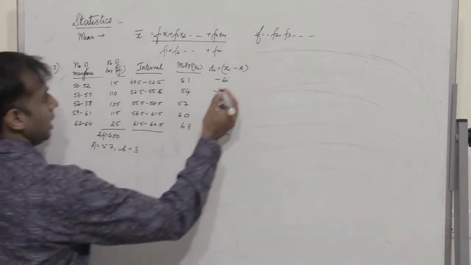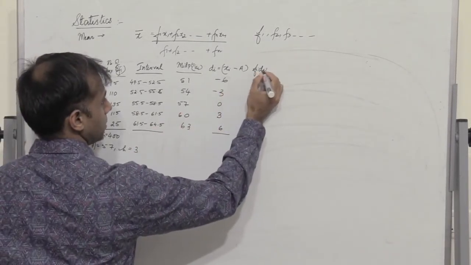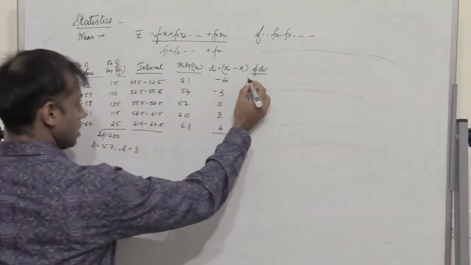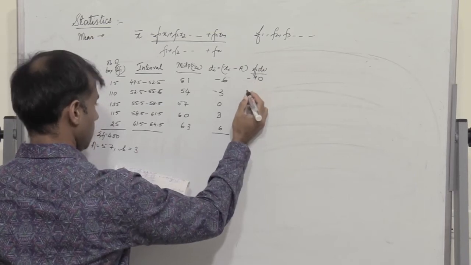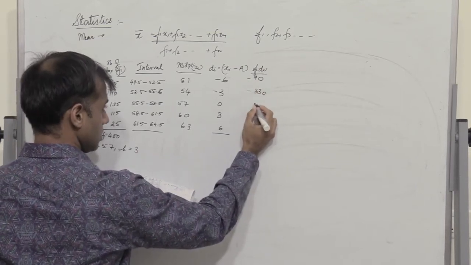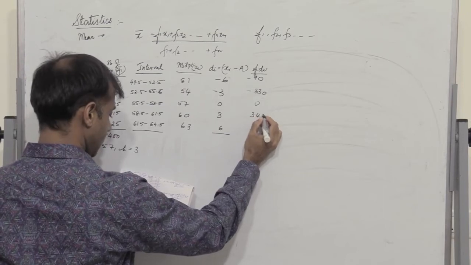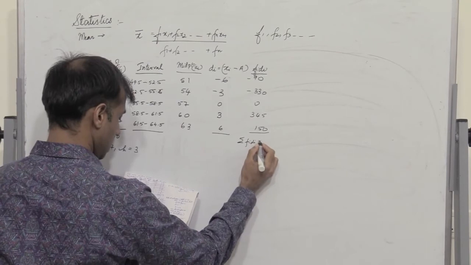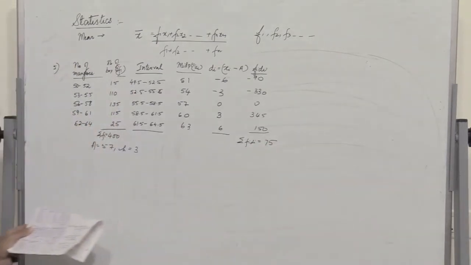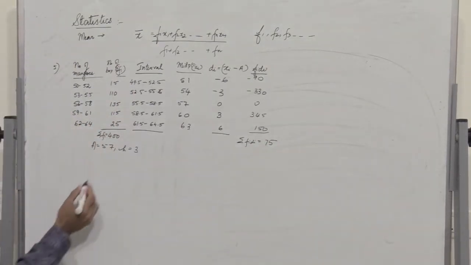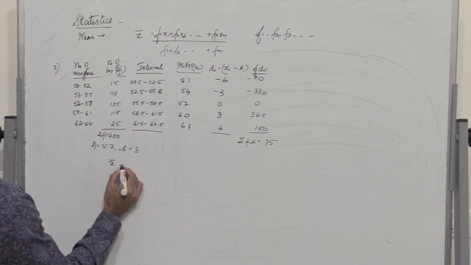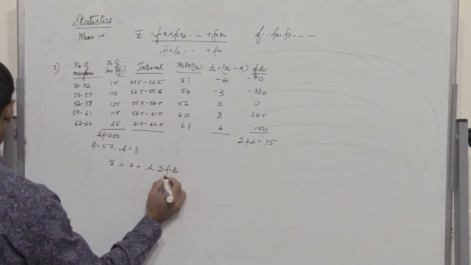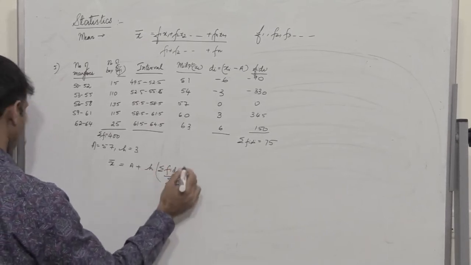So now let's multiply fi and di. So when we multiply fi and di, we get 15 into minus 6, which is minus 90, and you get minus 330, 0, 345 and 150. So find the summation fi di, which gives us 75. Right? So therefore we use the formula x dash is a plus h summation fi di divided by summation fi.